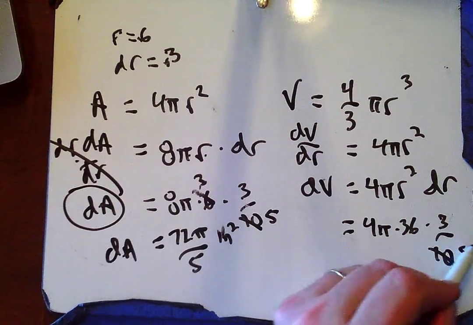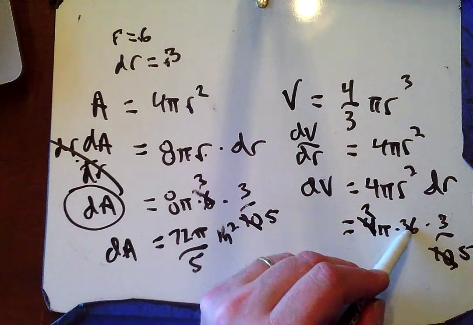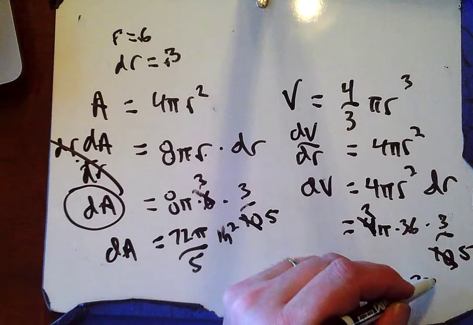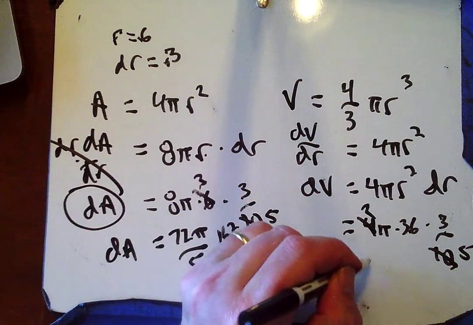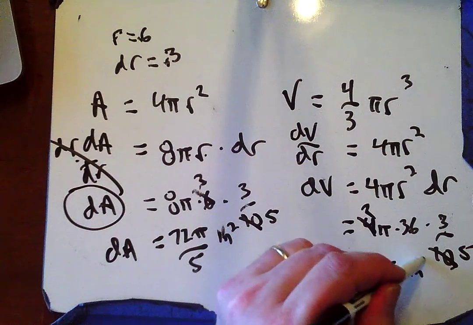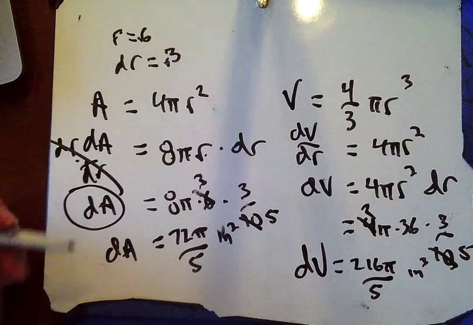So we're going to take that 2 out of there. And I'm going to have 72 times 3. Is that 216? Yes, it is. So I've got 216 pi over 5, and these are going to be inches cubed because we're talking about a change in volume. Okey-doke.